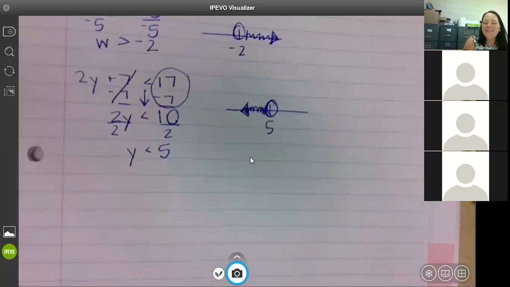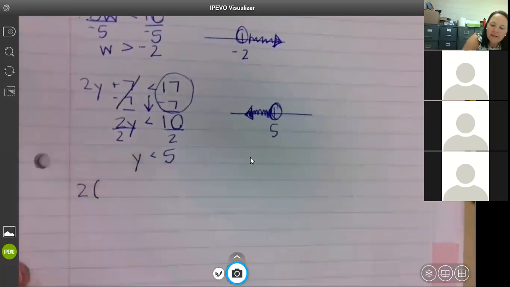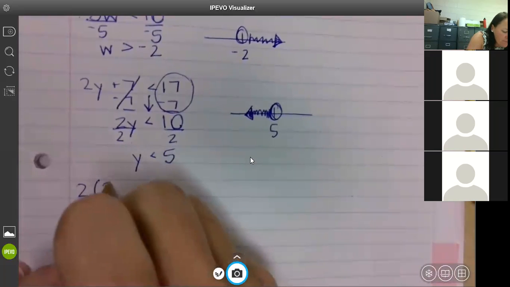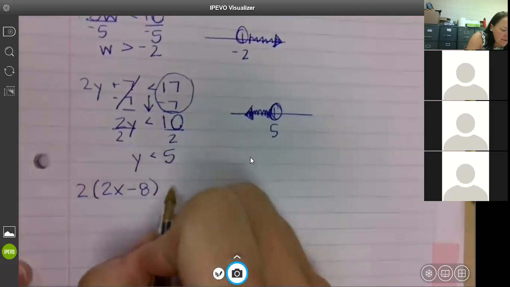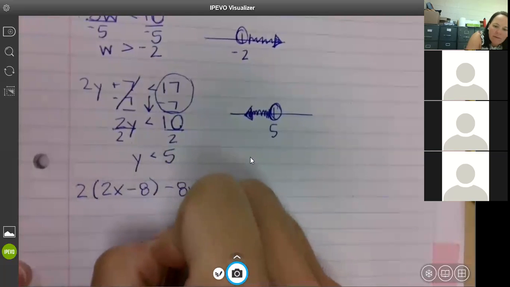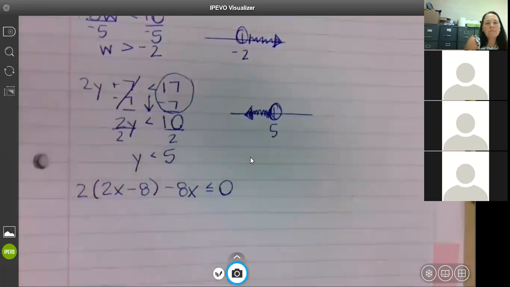The next one that I want to go over has some parentheses in it. So 2 times (2x minus 8) minus 8x is less than or equal to 0. You guys are doing pretty good with these.